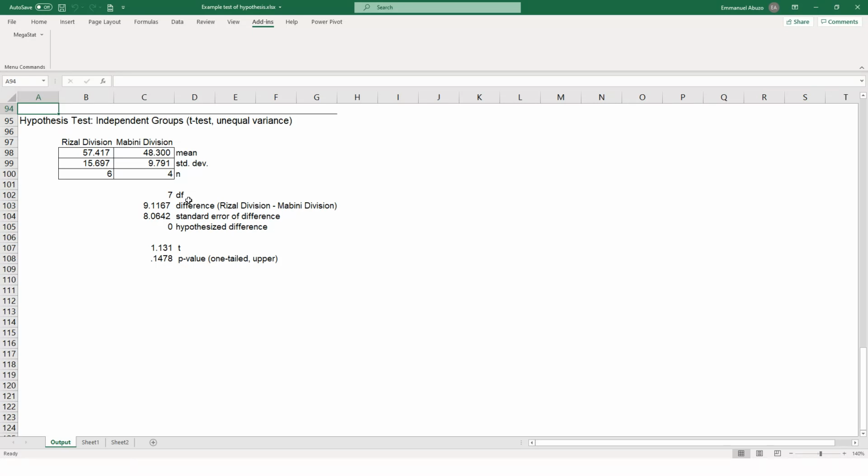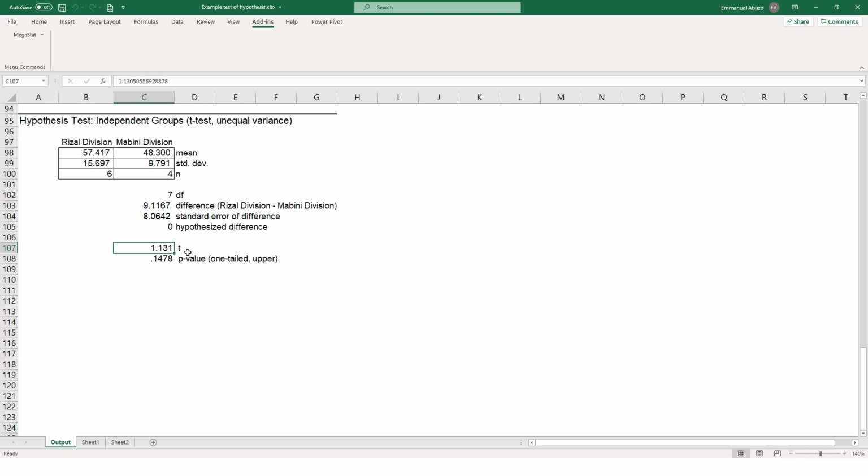Here we have the difference, the standard error, and the hypothesis difference. The t-value here is 1.131, which is the same as what we obtained in our manual computation.